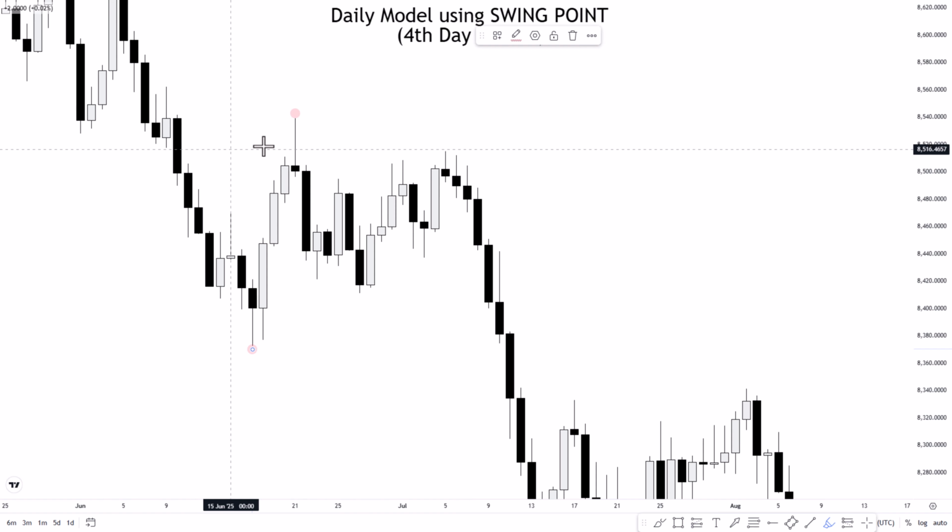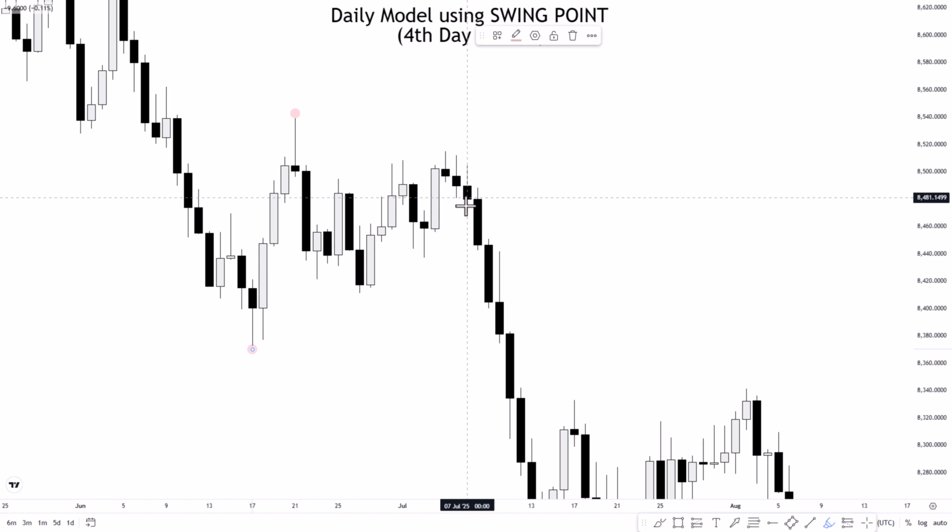For example, we see this swing low, and because there is an area of liquidity at this point, we see price has taken out liquidity here. And we see this swing low here. It's an area of liquidity.